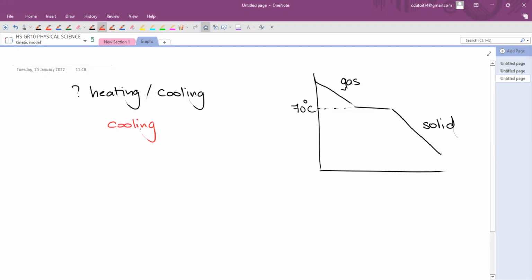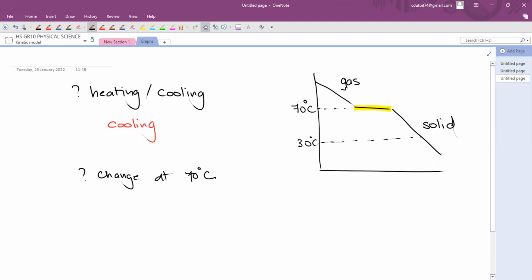Okay, I don't have another temperature in here, but I could have made a temperature there of, say, for instance, 30 degrees Celsius. Doesn't matter. Right? Okay. What is this phase change here? So what is the change at 70 degrees Celsius?